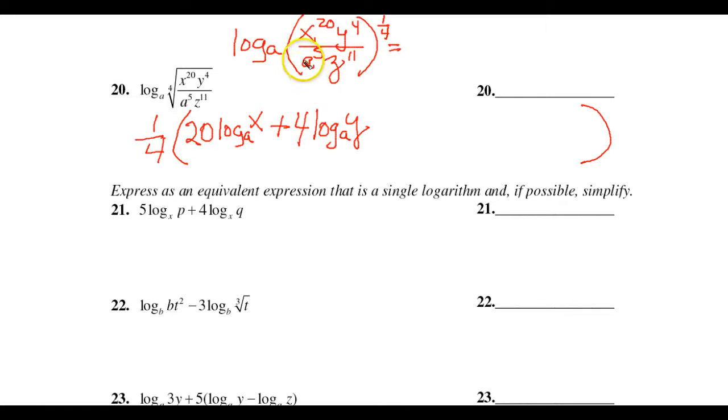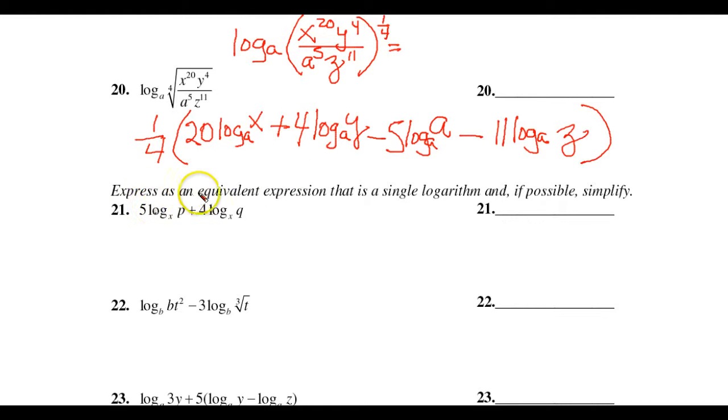Now for these, I'm just going to use a negative and a negative, but this will be a negative 5 for this exponent, log base a of a, and this will also be a negative, and there's an 11, log base a of z. Wow. Again, it looked a little complicated, but hopefully following through the procedure, you get to see how it works.